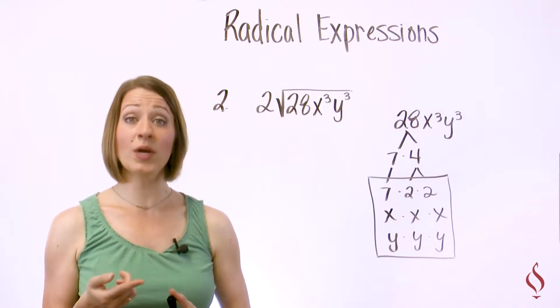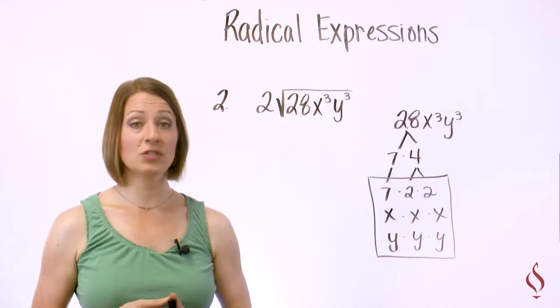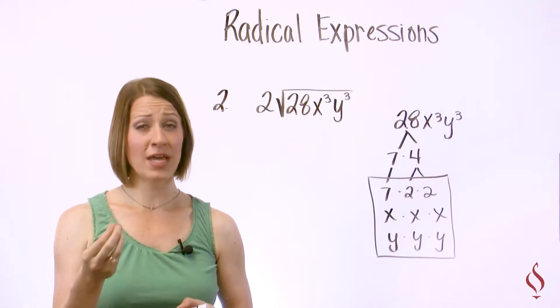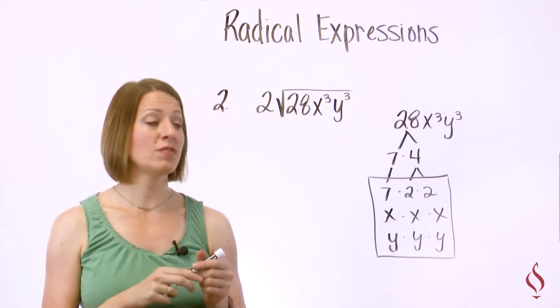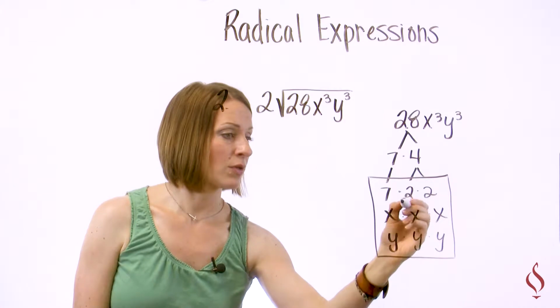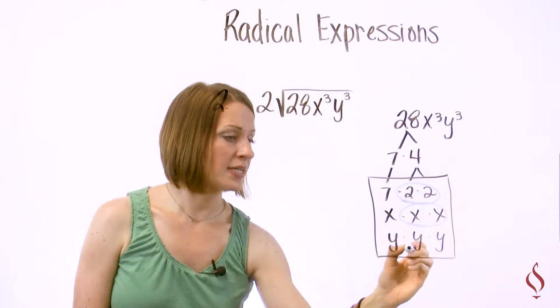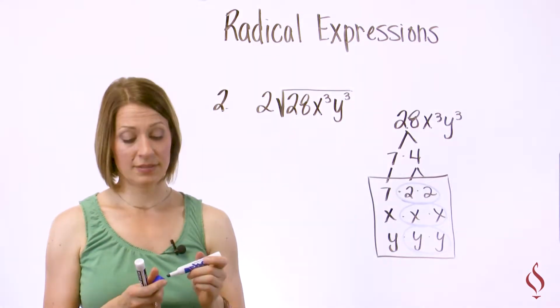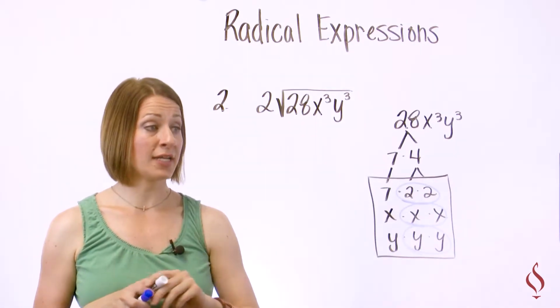Because this is a square root problem, I want you to look inside that square and see if there are any pairs of matching numbers, any sets of 2 of the same number. And it looks like we have 2 2s, 2 x's, and 2 y's. And we already had a 2 on the outside.